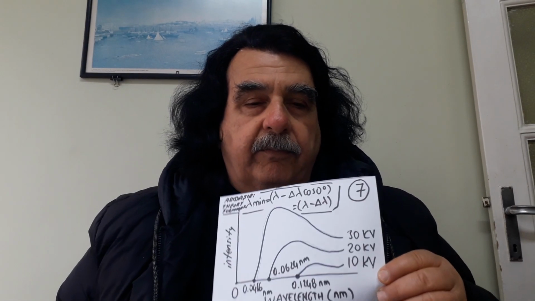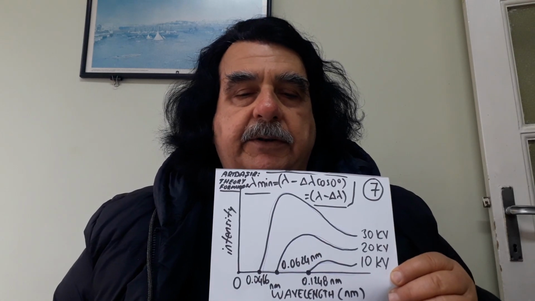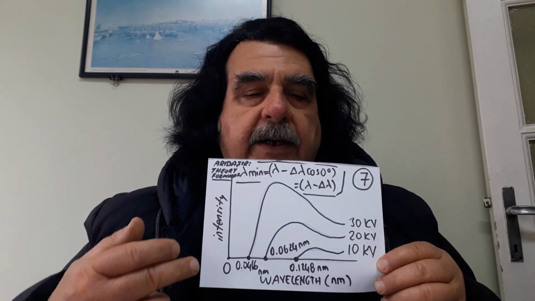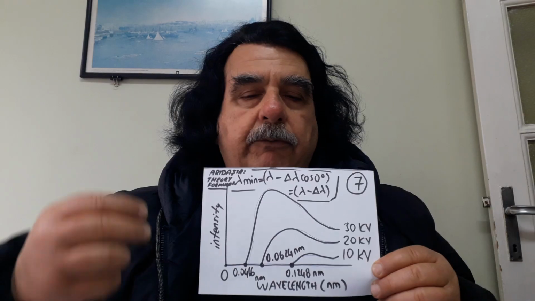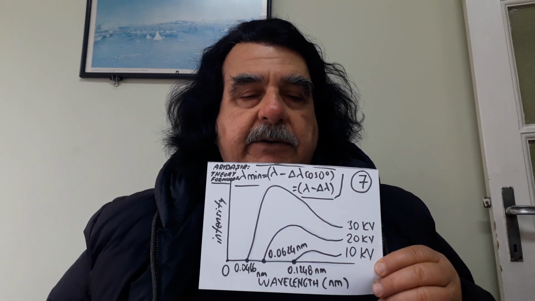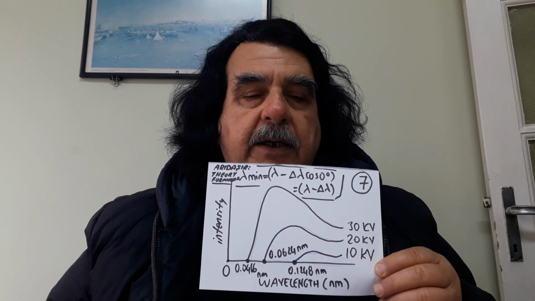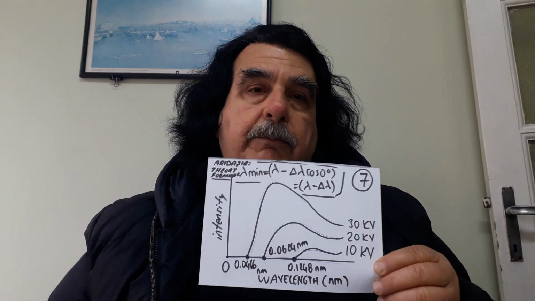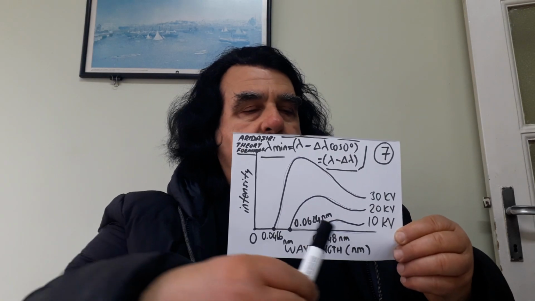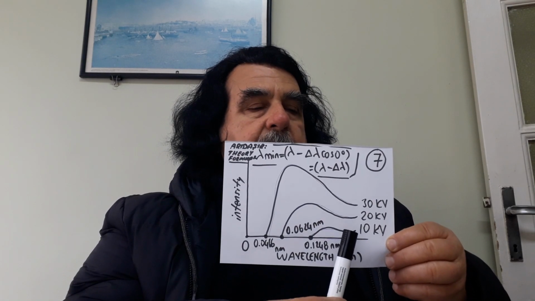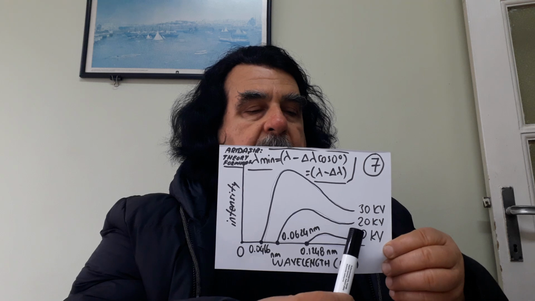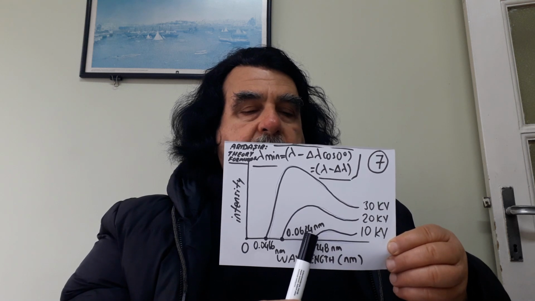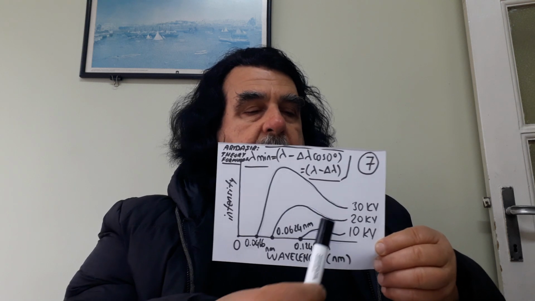As can be seen in the continuous spectrum graphs, the fact that the minimum wavelength approaches zero as the voltage increases is one of the evidences of Fermat theory. Here, for 10 kilovolts, this is the shortest shortened wavelength.